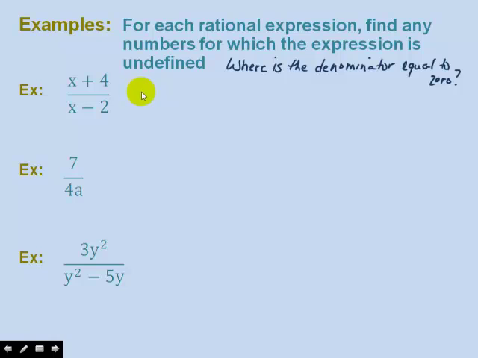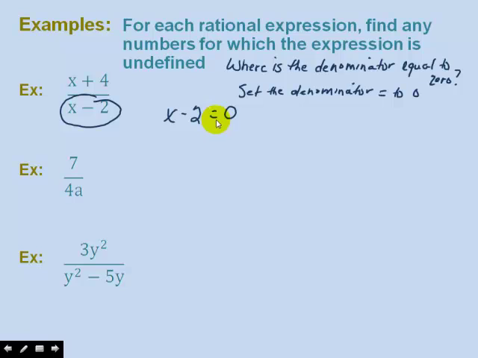Now really the easiest way to think about that is to take our denominator and just set it equal to 0. So whatever expression we have in our denominator, in this case it's x minus 2, we can take that and just make an equation out of it by setting that whole expression equal to 0. And then we can solve this one.